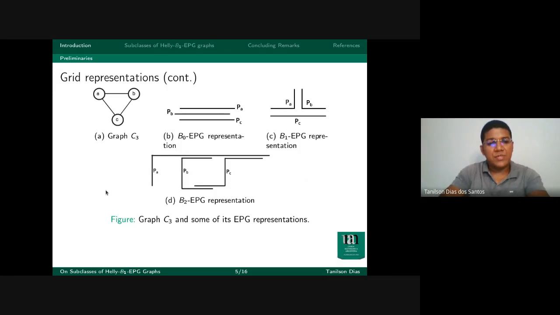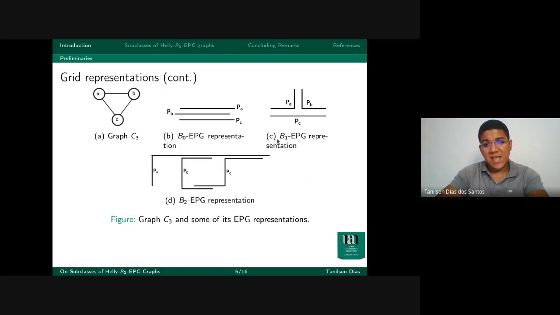For instance, for the graph C3, in letter B, there is a set of paths where each path has at most 2 bends. Thus, this is a B2-EPG representation. In letter C, we have a set of paths where each path has at most 1 bend.